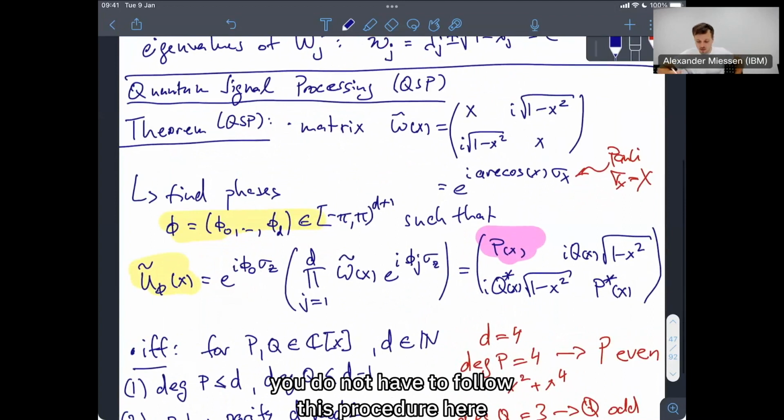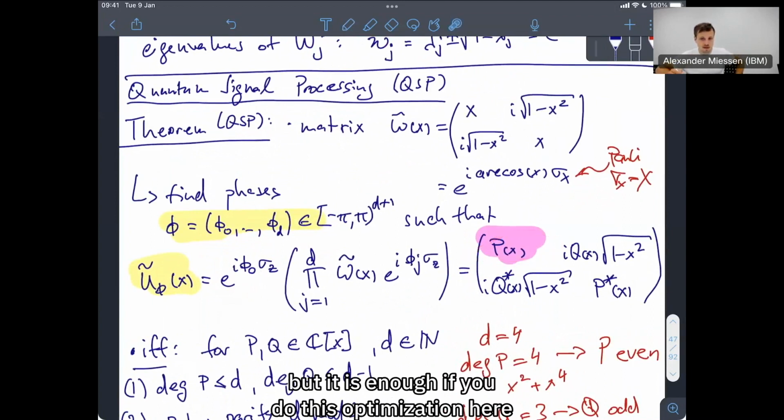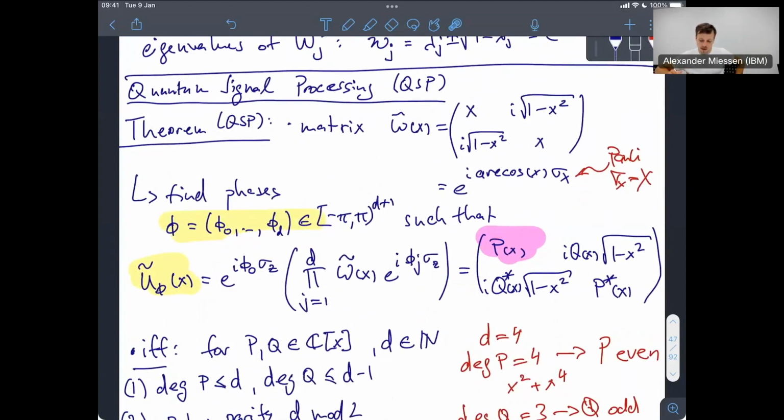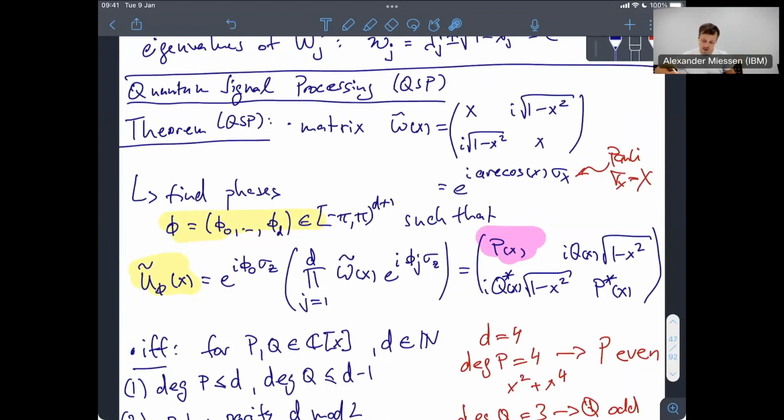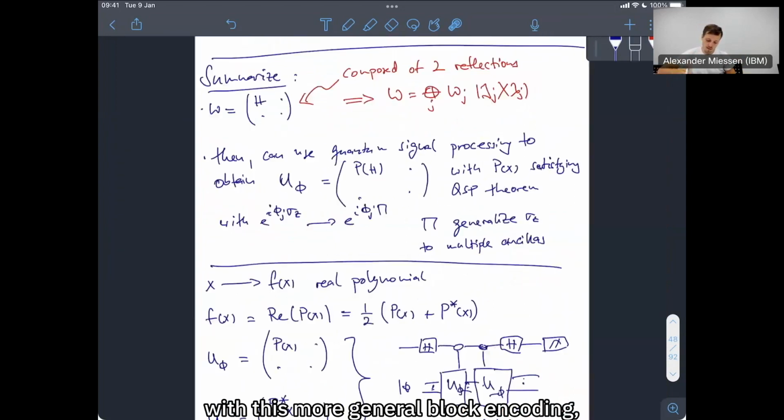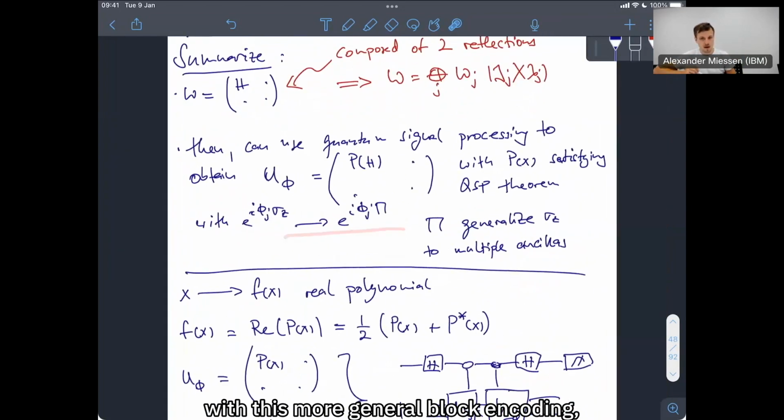You do not have to follow this procedure with the full Hamiltonian, but it is enough to do this optimization in this 2D setting. Once you compute the angles from this 2 by 2 matrix calculation, you can implement them with this more general block encoding, and it's the same phase angles.